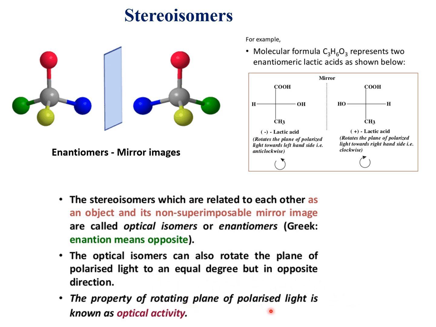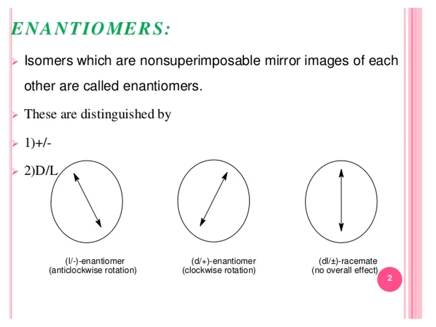The property of rotation of plane polarized light is called optical activity. Everybody knows very well, enantiomers, as I told you now, are non-superimposable object and mirror images. They can be represented as plus or minus, R or S, D or L form.